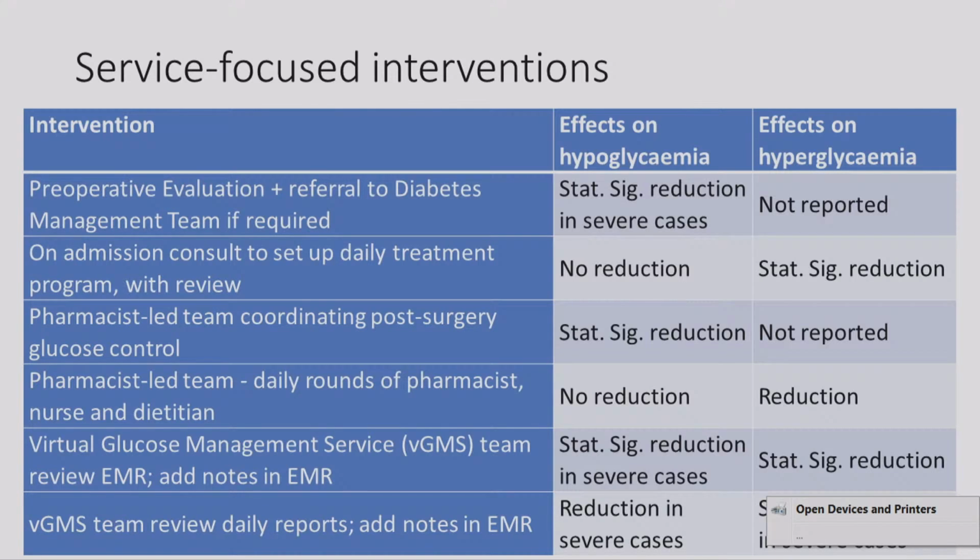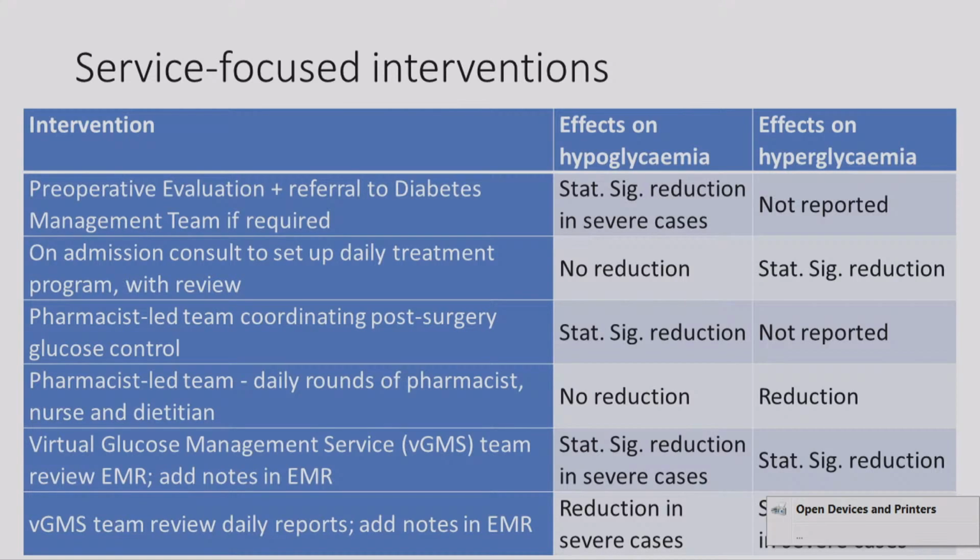And then at the bottom, we've got two what are called virtual glucose management service interventions, where pharmacists review electronic medical records remotely and identify patients who they think are at risk and add notes into the medical record for the people doing the ward rounds to be aware of.